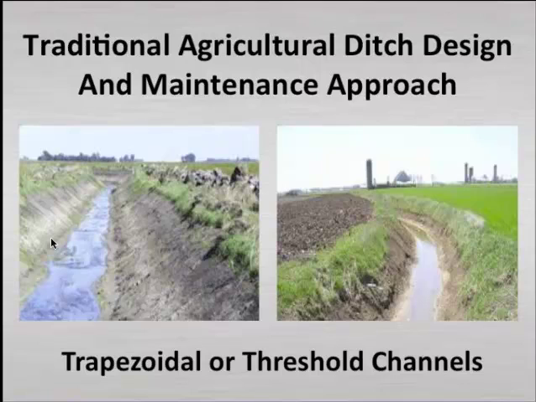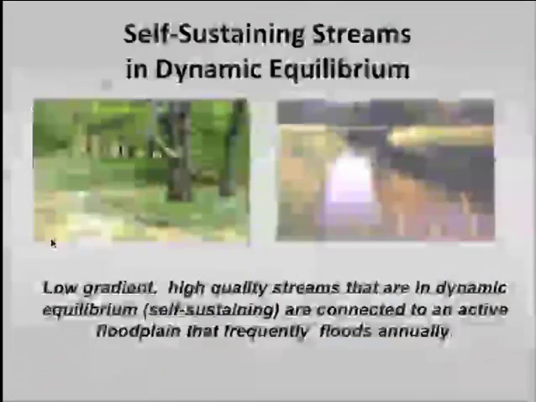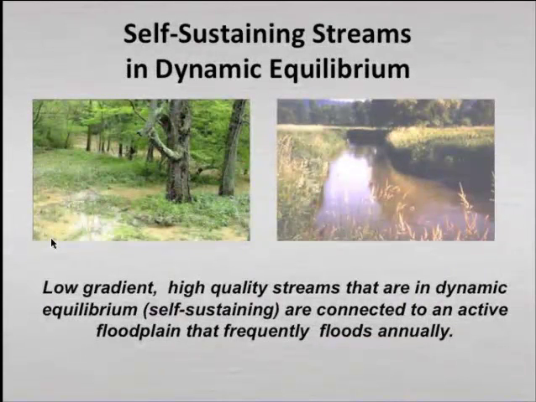And every so often, those will fill in, and there needs to be a maintenance activity to take that sediment out to restore the capacity of that drainage system. So you see what the ditches look like.